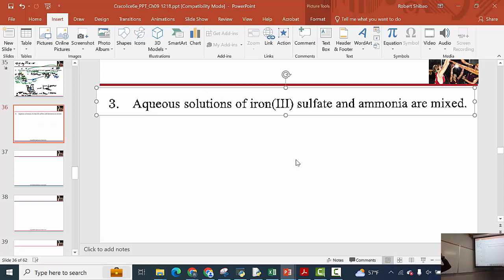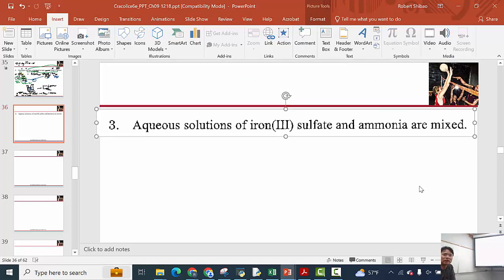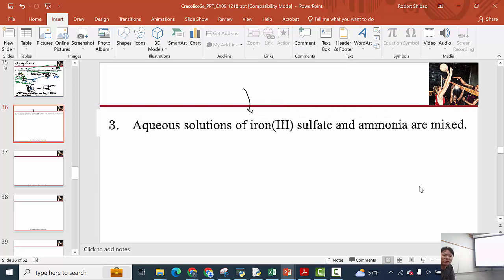Aqueous solutions of iron 3 sulfate and ammonia are mixed. The first thing we need to do is get the correct formula for iron 3 sulfate. What's the formula for the iron 3 cation? Is it IR3? Fe3 plus. Sulfate?